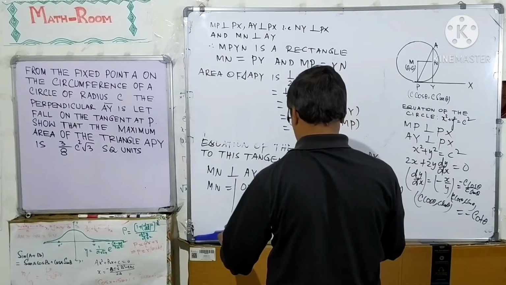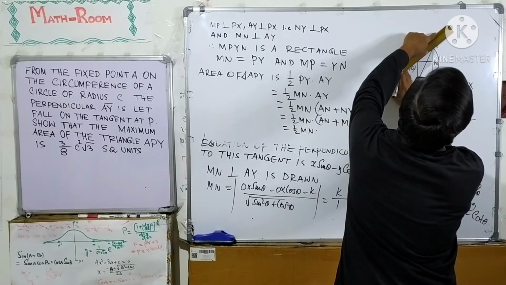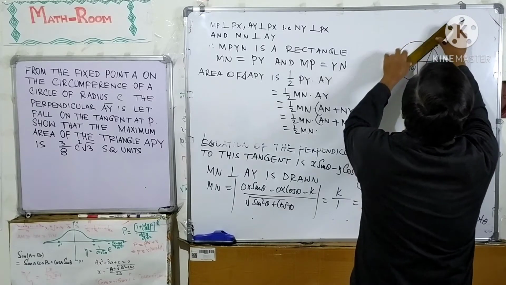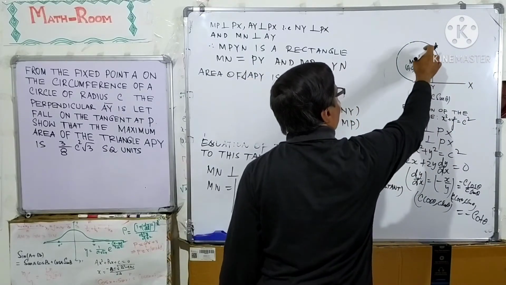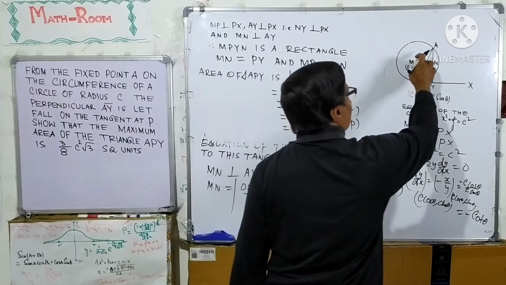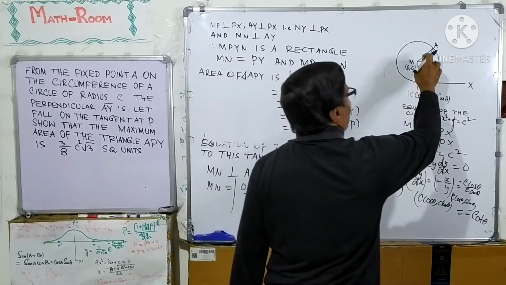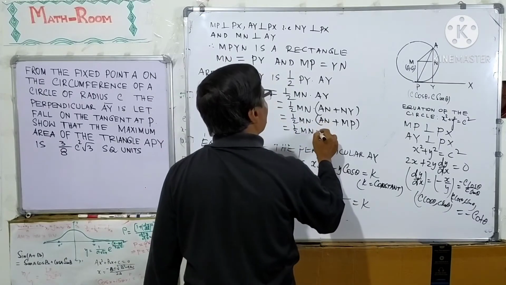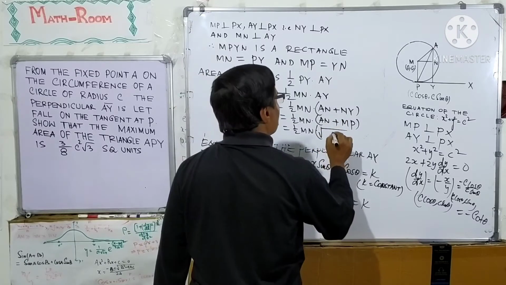We can draw AM. After drawing AM, we have got a right angle triangle, that is AMN is a right angle triangle because MN is perpendicular to AY.